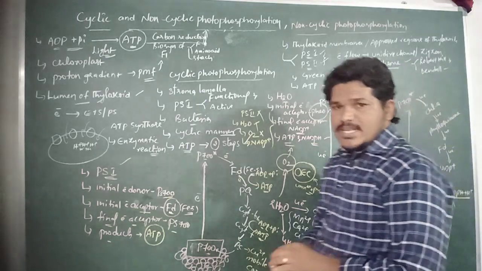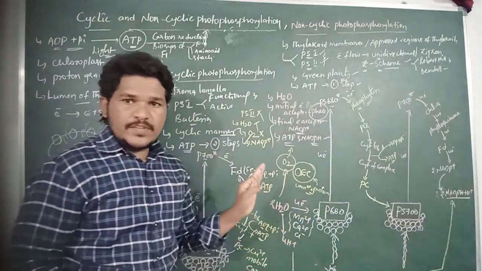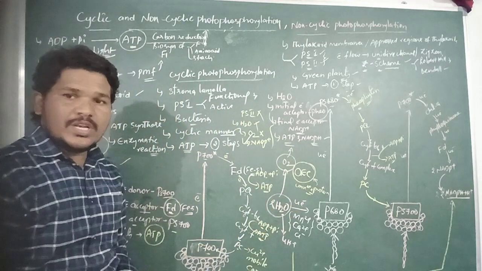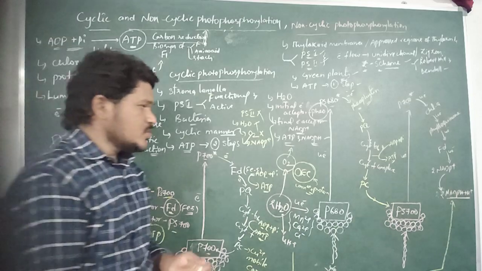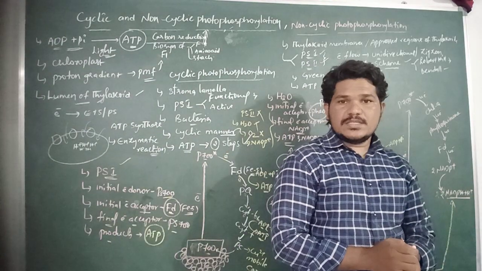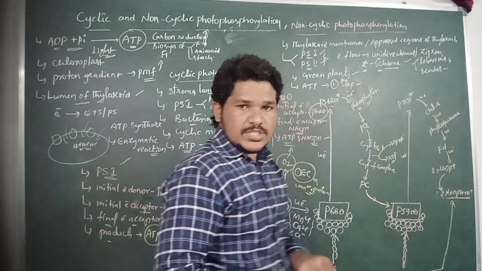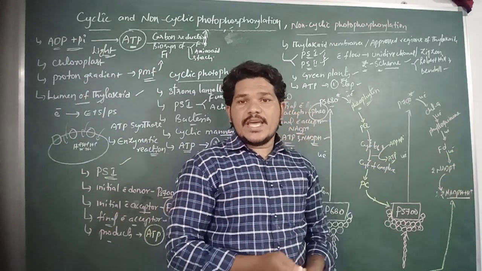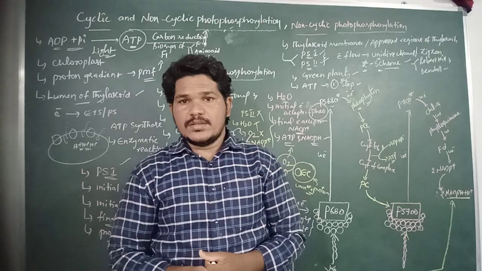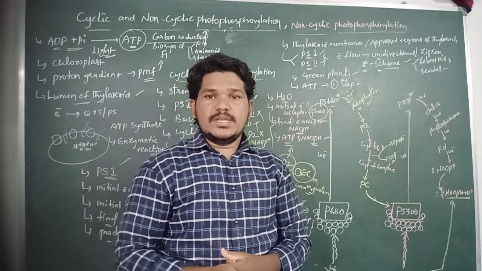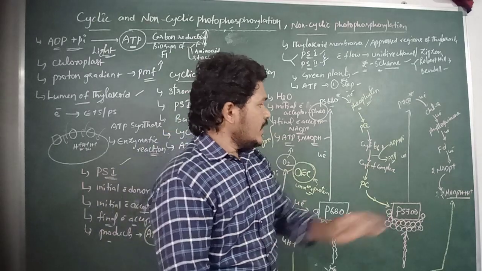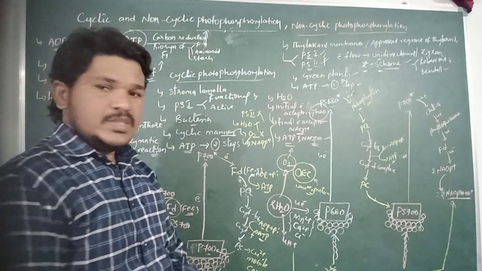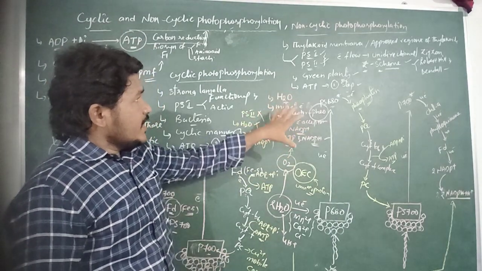The PS2 or non-cyclic photophosphorylation is closely associated with photolysis of water, and also the NADP plus reductase enzyme, which is located towards the stroma, on the outer surface of the thylakoid membrane. So this is about the non-cyclic photophosphorylation.